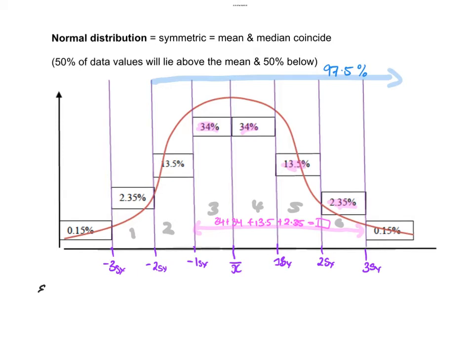If they ask you to estimate the standard deviation of symmetric data, so it has to be symmetric, what you do is you get the range and you divide it by 6. And it's 6 because I showed you there's 6 sections. So what would the range be?